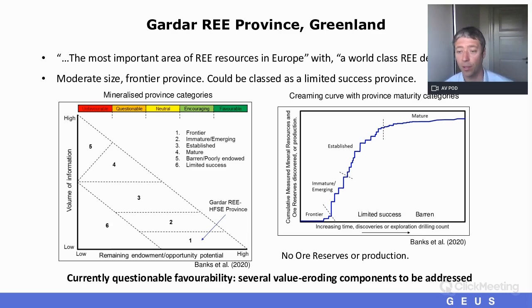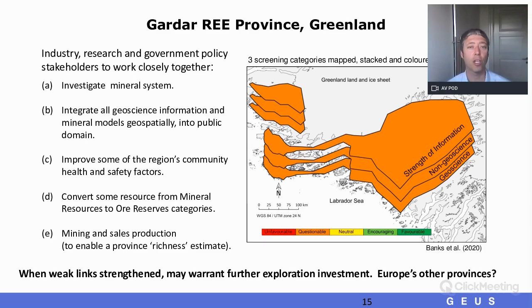And so we recommend that industry, research and government policymakers work closely together to A, investigate the mineral system, B, integrate all geoscience information geospatially, not just in Excel or PDF format, and put that into the public domain. The government needs to help improve some of the community health and safety factors for a future mining workforce.